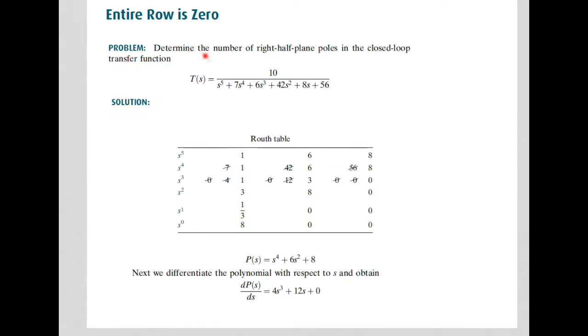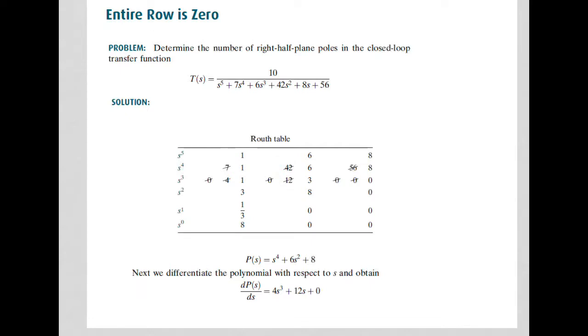This is a problem. We have to determine the number of right half plane poles in the closed loop transfer function. Let us consider this closed loop transfer function, and we form the Routh table. Here we have 7, 42, 56. We multiply it by 1/7, and we get 1, 6 and 8.